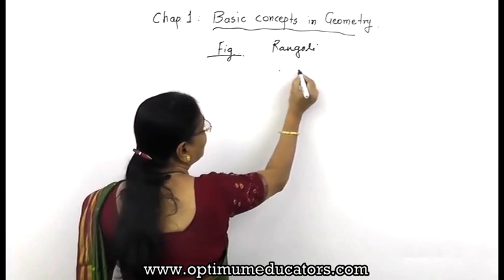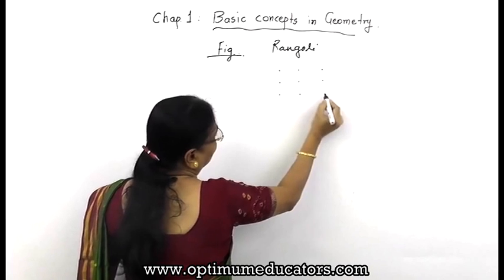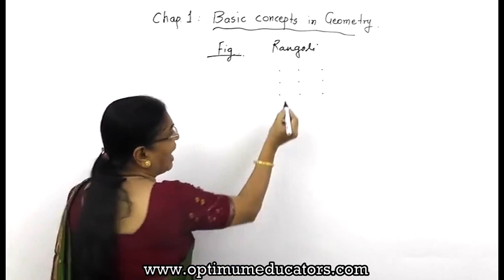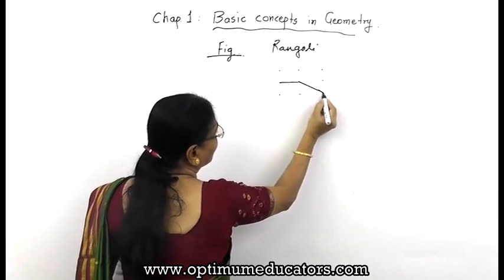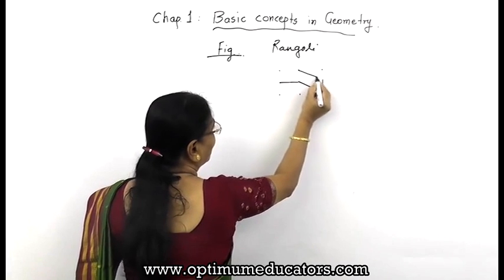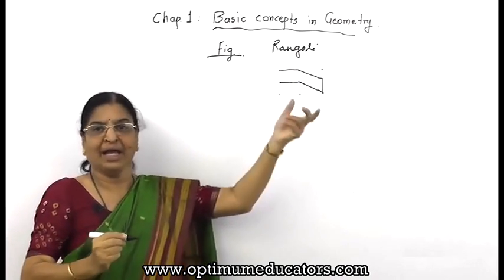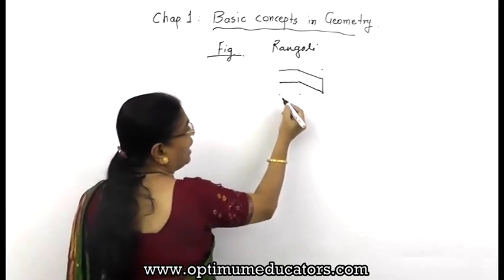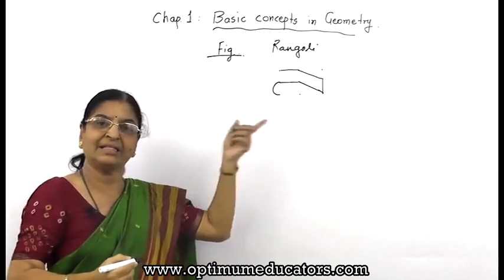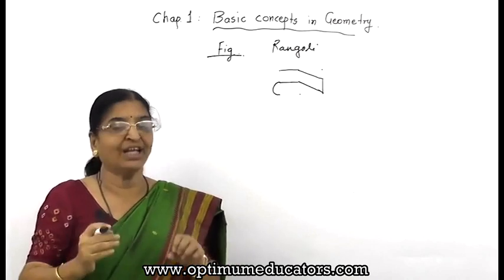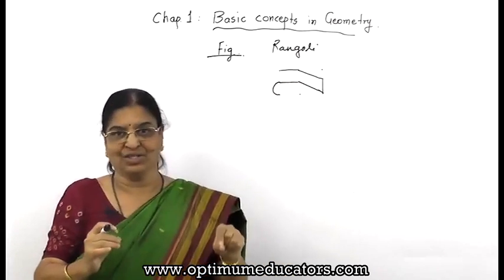Suppose the points are like this, I will draw only a few points, and then I can draw a figure like this also. Suppose I want to join it. So this type of figure also will be there in Rangoli, or suppose I can join the points like this, curved also. But in geometry we will study first about the lines only.